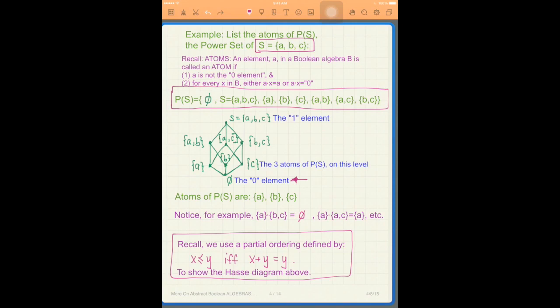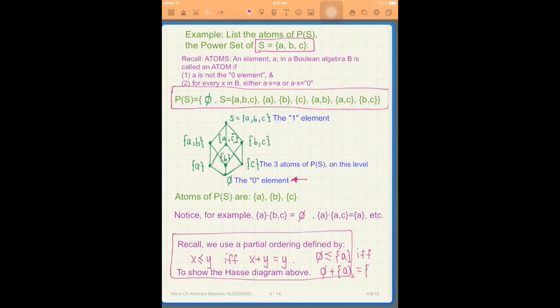So notice how this does satisfy this property. I notice that the empty set is going to be less than or equal to, say, the set A. And if you plugged into this definition for the ordering, the x would be the empty set and the y would be the set A. So this is going to be if and only if. So let's see if this is true. If I plug in the empty set for x and I add my element y, which is the set A, do I get back y?